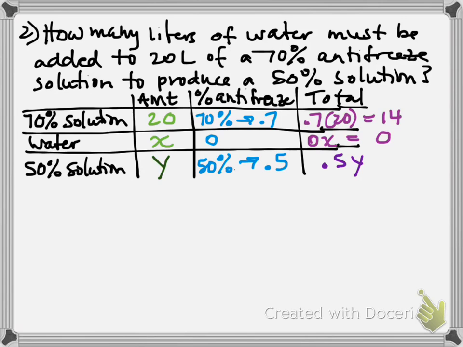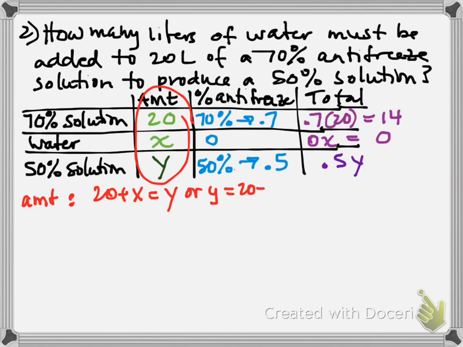So our equations come from the same two places. We have an amount equation, which is going to be 20 plus x equals y. So the two combine to give you a final. Or you could rewrite this as y equals 20 plus x. And then we have a total equation, which is going to come from the last column.